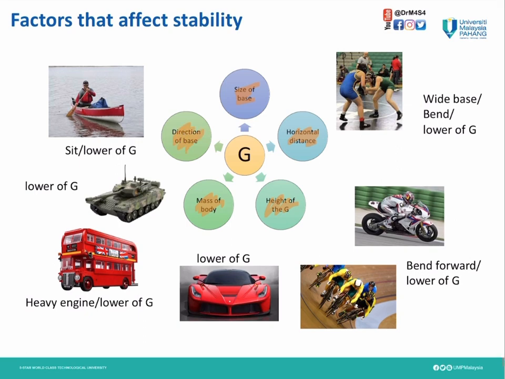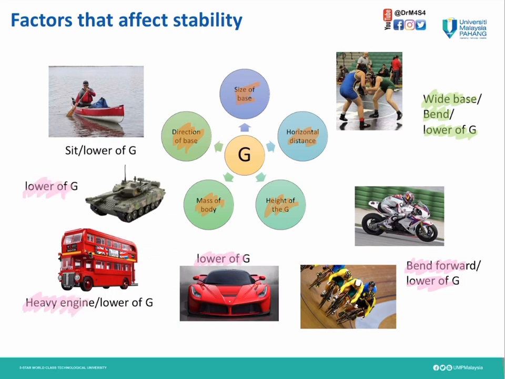For this one, when they are fighting, they make a wide base by opening their legs. Therefore, it lowers the G. And also when they bend, it also lowers their G. And for this motorcycle and this cyclist, when they bend forward, it lowers their G. And for this car, make it lower, certainly lowering the G. And for this double-decker bus, to make it stable, you can use a heavy engine.